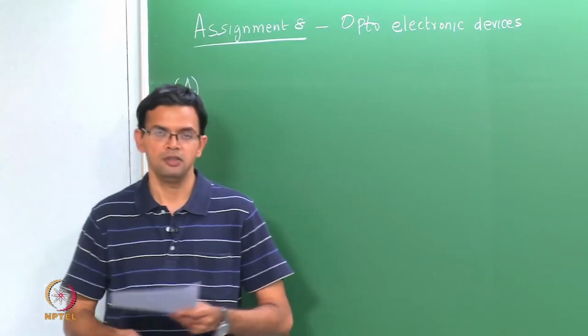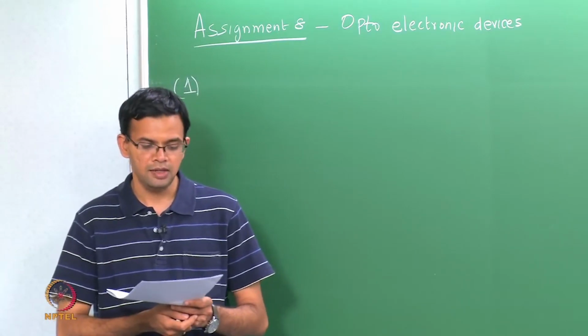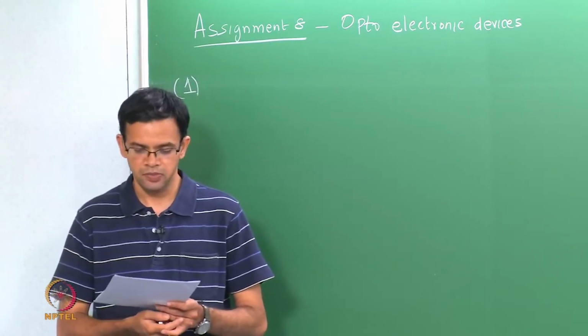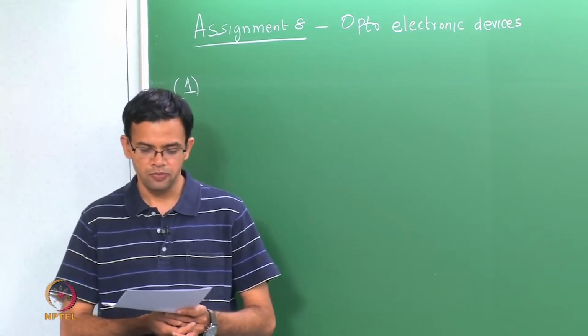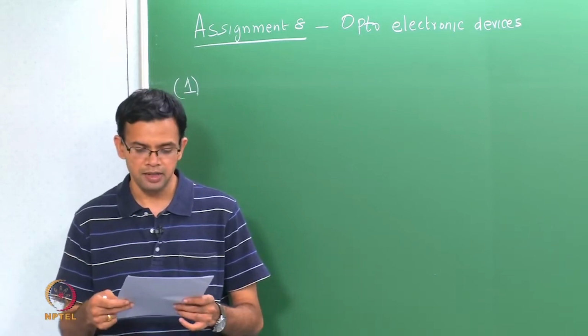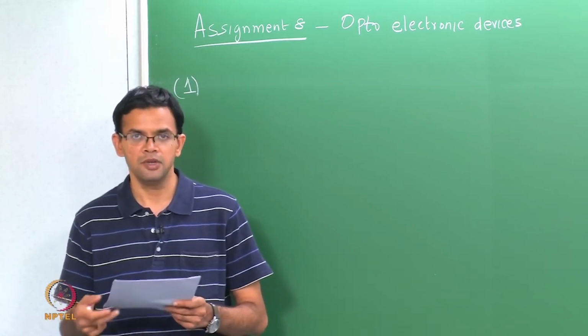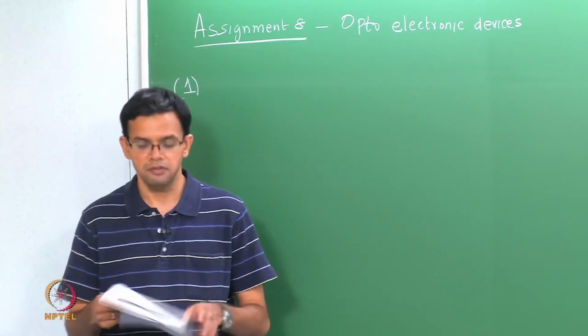In problem 1, we have a PIN diode. So, you have a P type, intrinsic and an N type. We are asked to draw a qualitative energy band diagram both in equilibrium, forward and reverse bias.